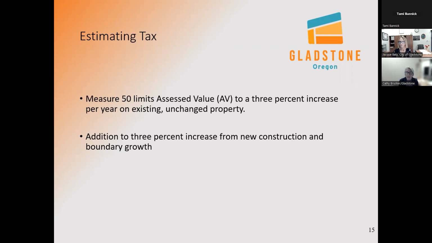Other rates may change based on voter approval as far as levies and GO bonds, but the permanent rate never does. And then the city assumes a 95% collection rate as determined from what Clackamas County historically pulls in total each tax year.